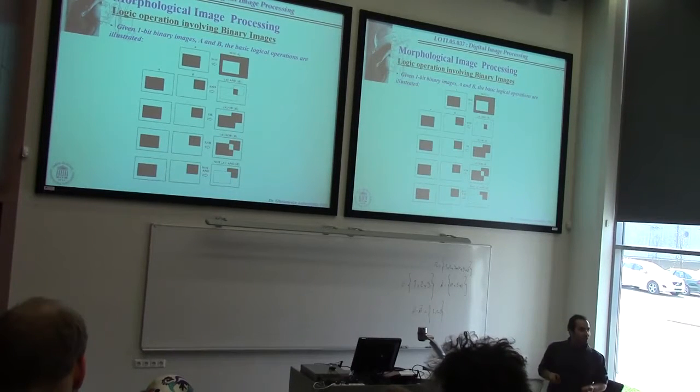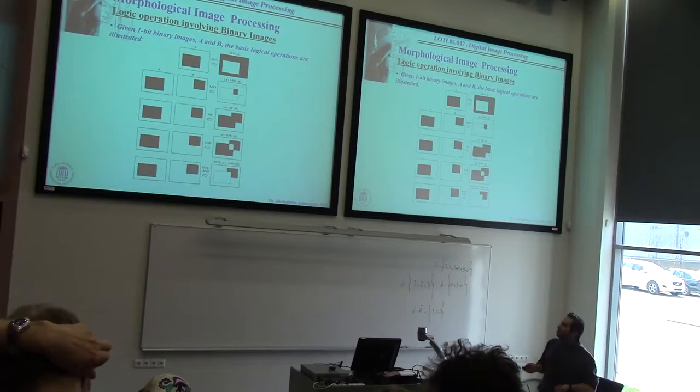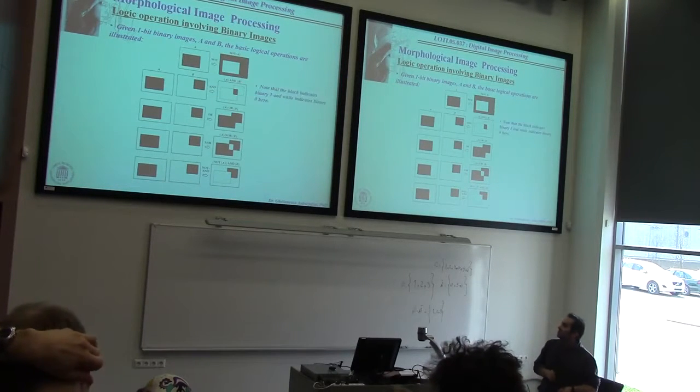A or B or the union, in the logic we call it or. These are all parts of the sets. A, X or B, and here we can say not A and B for some logic operations.